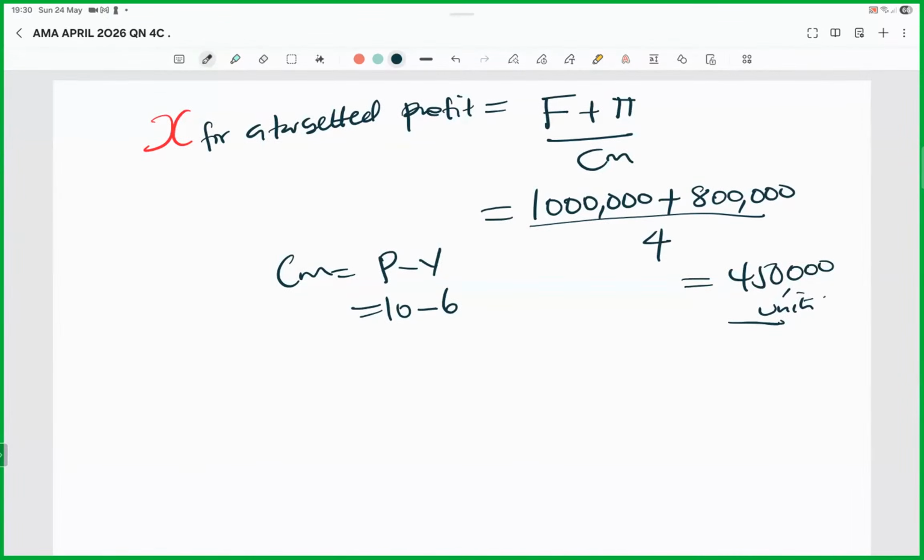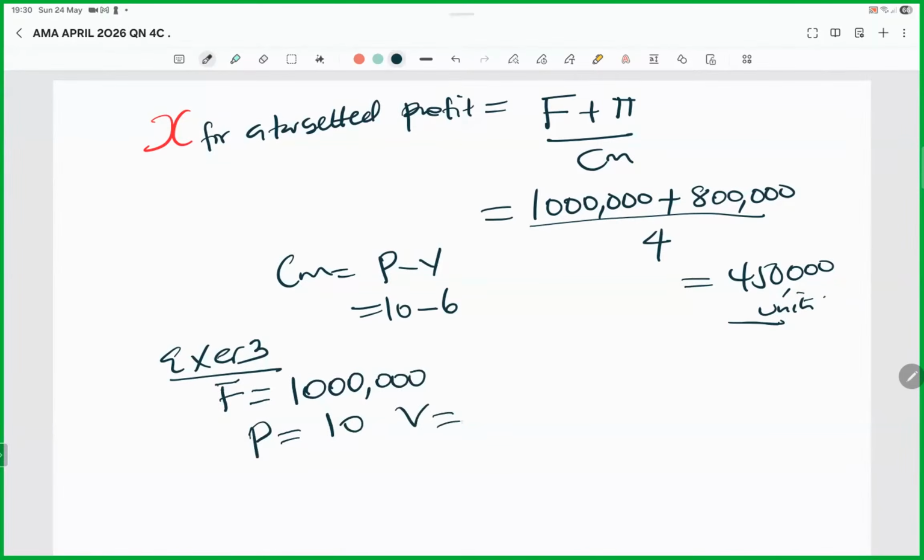Now, ladies and gentlemen, I would want to go to the next exercise, which is exercise 3. Now, these ninjas are giving you again, they're still on your back, fixed cost is 1 million. Price is 10. They're giving you variable cost of 6. But now, in the required, they don't want quantity.